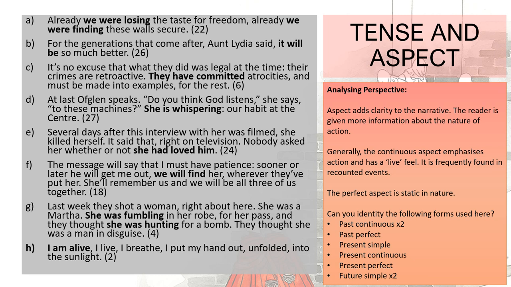And can you add some explanation, knowing the context of the quote, as to how it presents the action that's being described? Is it giving it this continuous or live feel? Does it make it feel more present, or does it make it feel more static, as in examples of the perfect aspect? Pause the video, see if you can identify the verb forms used in those 8 examples.